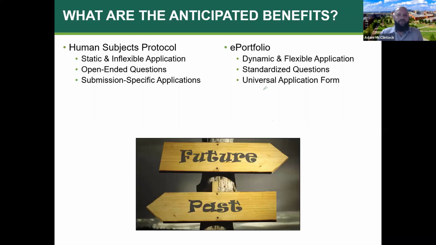So, for example, if you submit a request for not human subjects determination and it is actually exempt, you don't have to go download and complete a separate application. You just step back and respond to the questions that are also relevant to the other level of review.